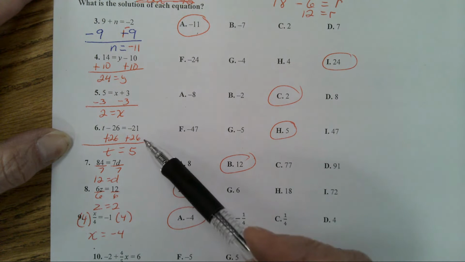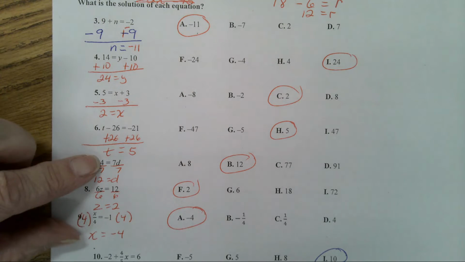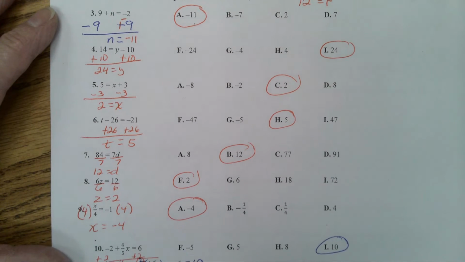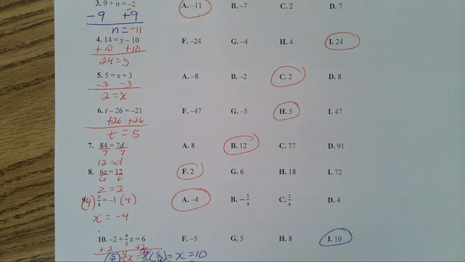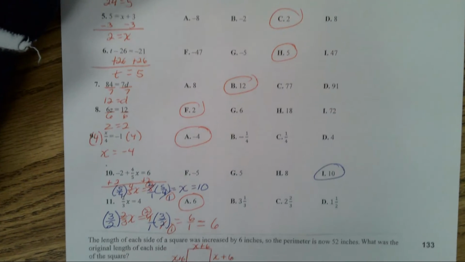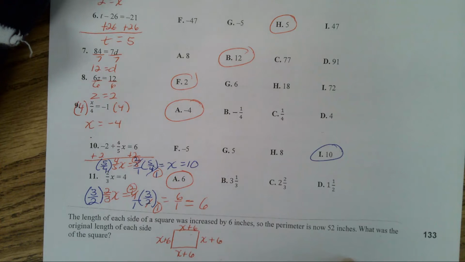Negative 21 plus 26 is 5. T equals 5. In number 7, divide both sides by 7. 84 divided by 7 is 12. 12 is the answer to that one. In number 8, divide both sides by 6, and you end up with the answer of 2.